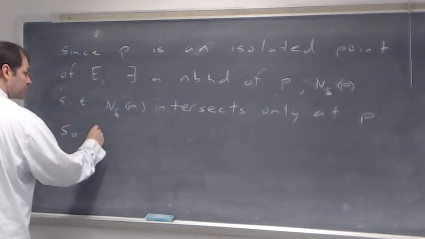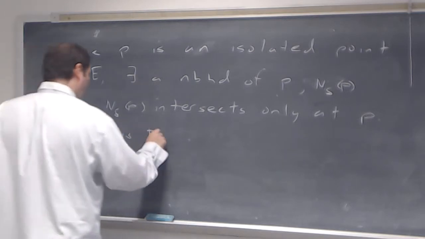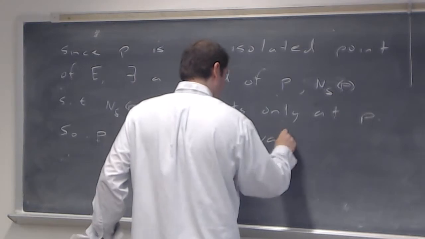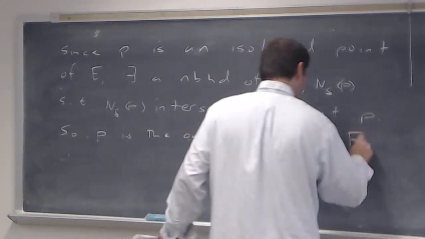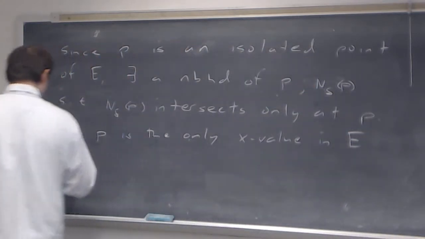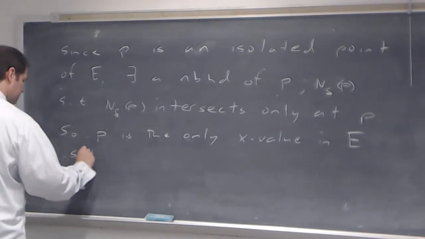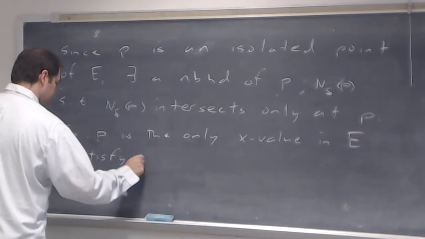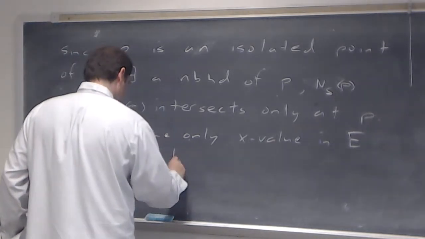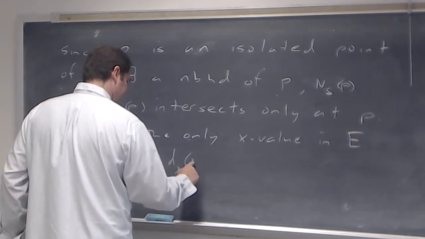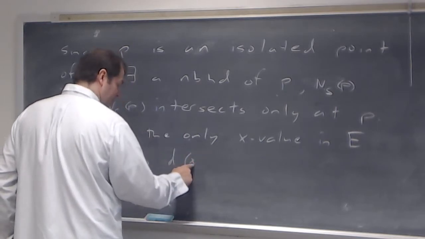So P is the only x value, if you will, in E satisfying, using the metric in X, that the distance between x and P is less than delta. Remember, this is the metric space.